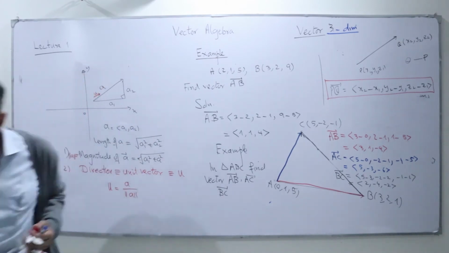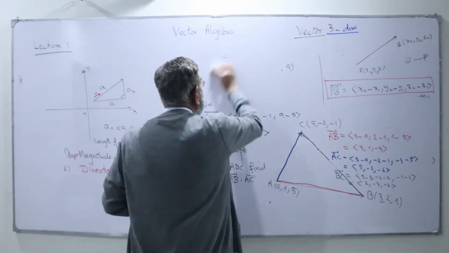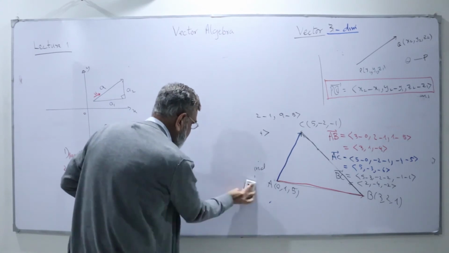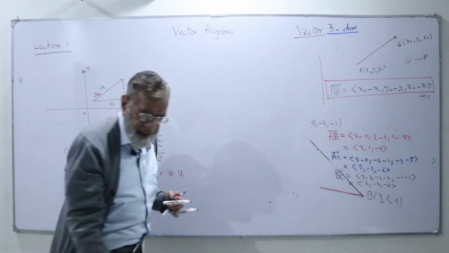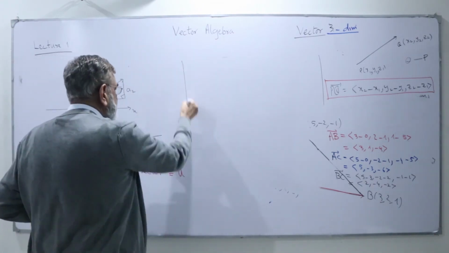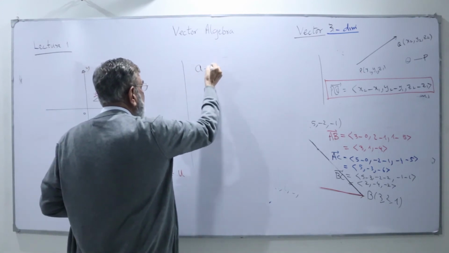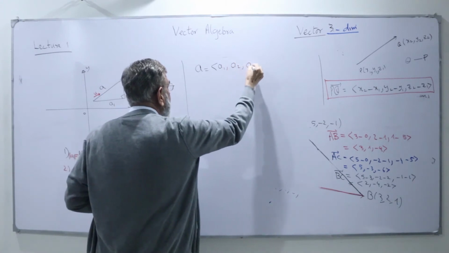Here we extend this to 3 dimensions. We're given the vector A, and we want to find its magnitude and direction. First I write the basic formula. In 3 dimensions vector A has components A1, A2, and A3.